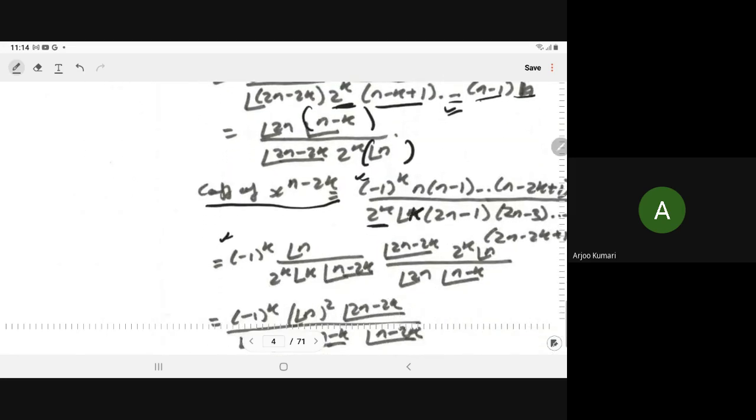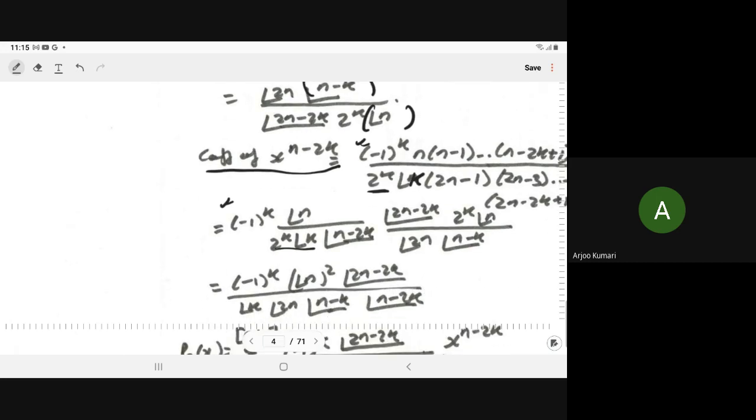So here I have written factorial n, 2^k, factorial k as it is, and n(n-1)...(n-2k+1) is written as factorial n upon factorial of (n-2k), and (2n-1)(2n-3)...(2n-2k+1) can be written as factorial of (2n-2k) upon 2^k, factorial n upon factorial 2n, factorial (n-k).